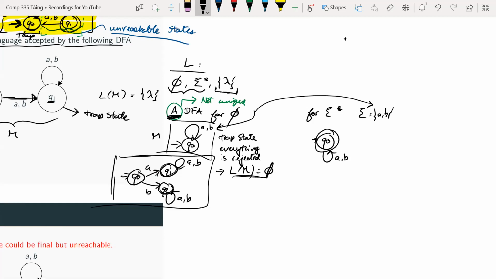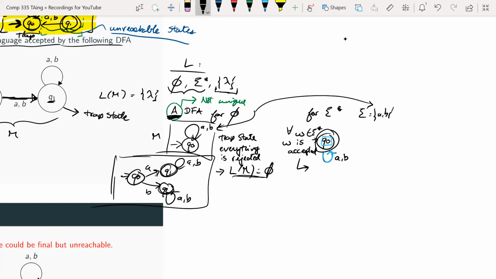What this says is that for any string W inputted in your machine M, that W is going to go through all of its computation in this state and always end in Q0. Because Q0 is a final state, every string W in sigma star is accepted.